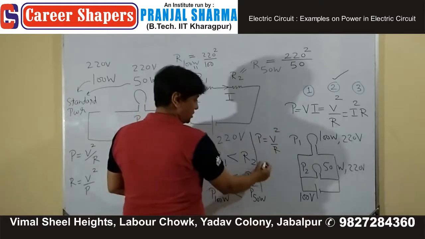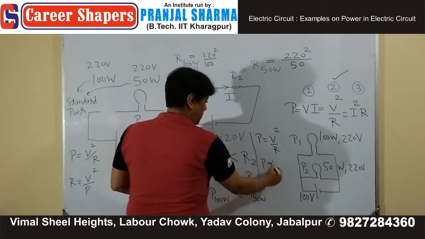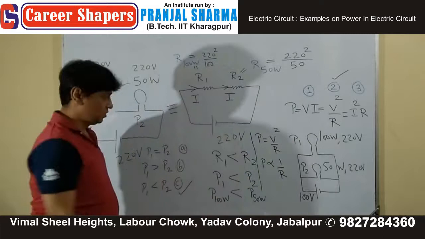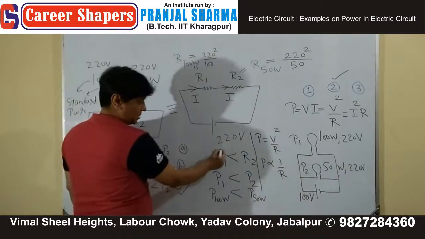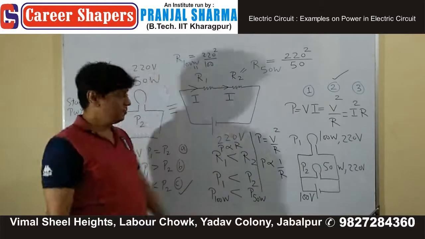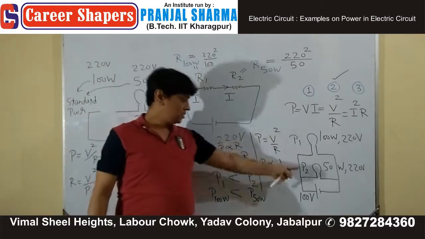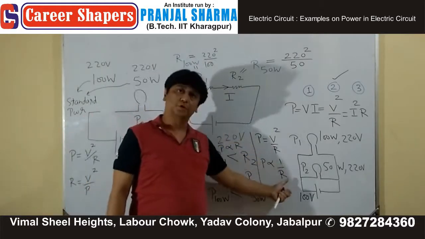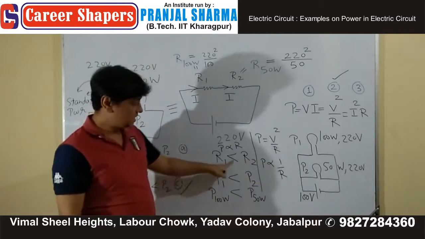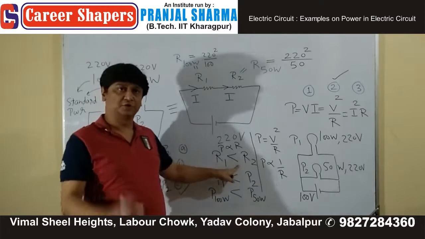For this question, P is now inversely proportional to R. For the earlier one, P was proportional to R. Here P is inversely proportional to R, and since R1 is less than R2, this is something which is not in your hand.